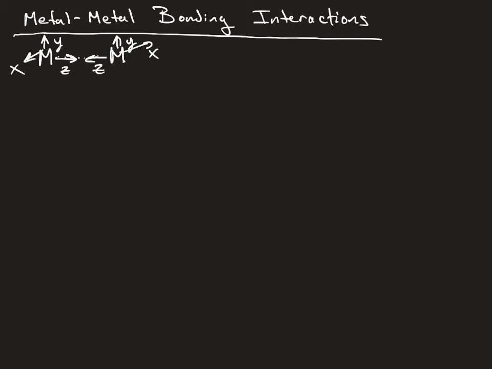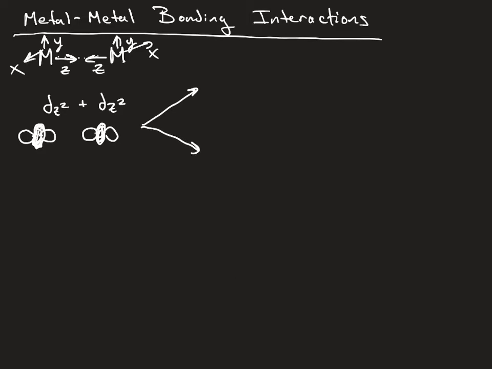The first we're going to look at is what happens when we bring a dz squared plus a dz squared together. So we're going to have dz squared and a dz squared. We can form our antibonding and our bonding interaction.